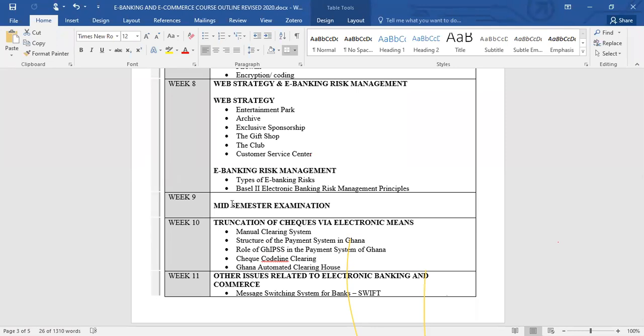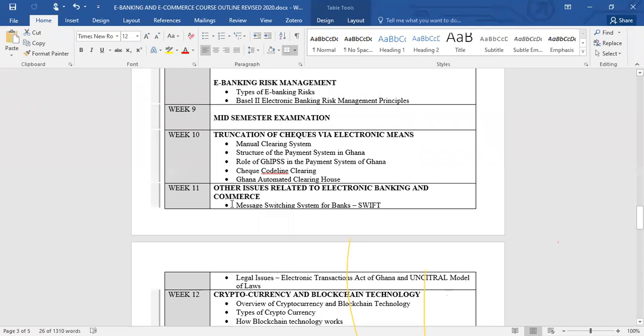We'll consider the manual clearing system. We'll look at the structure of the payment system in Ghana. We'll look at the role of GIPS, the Ghana Interbank Payment and Settlement System, in the payment system of Ghana. We'll look at the check code line clearing and the Ghana Automated Clearing House. We'll look at all this in week 10.